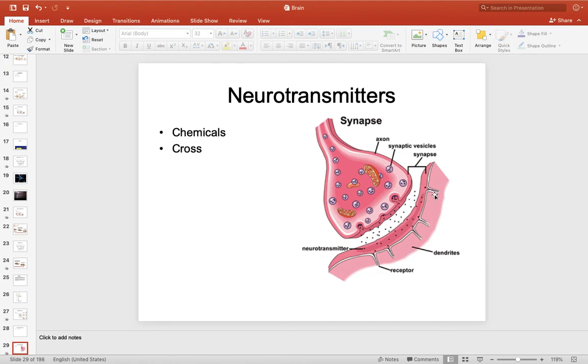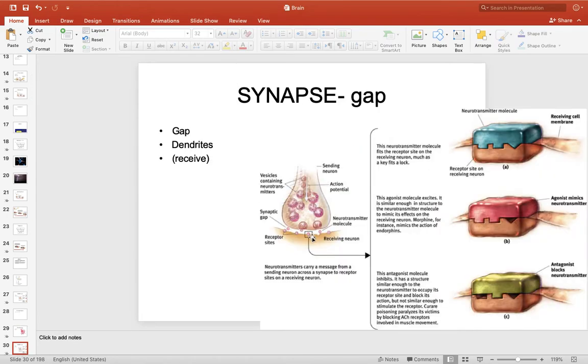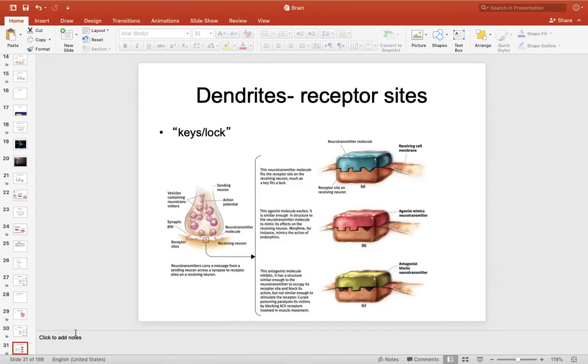And these chemicals try to stick in here, and if they stick in here, they can make this neuron fire as well. And again, there's the gap, there's the dendrite, and these gaps fit like locks. There's different types of neurotransmitters that fit differently into these gaps. All right, and if enough of them fit, this neuron will make this neuron fire.